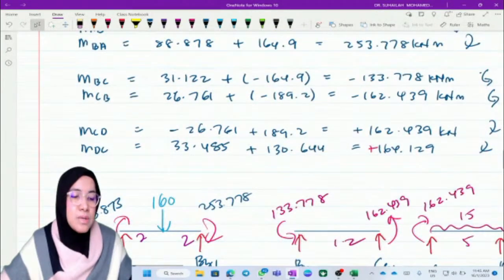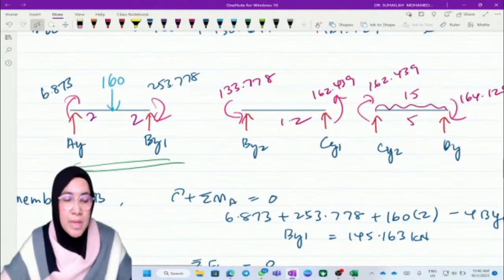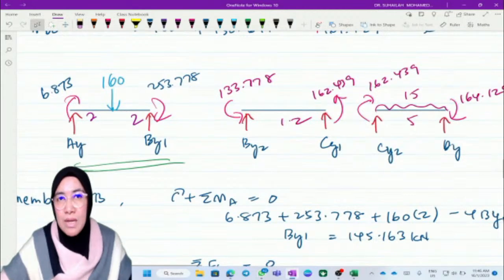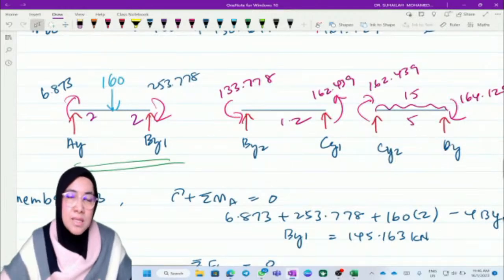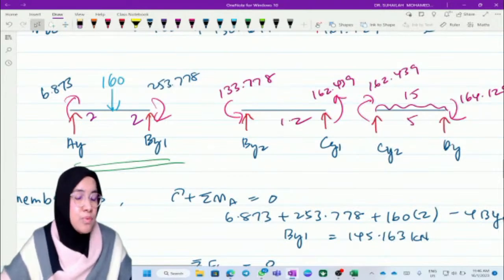After that, we have to complete this with the shear values. Not only moment, we get the moment values from the table, and we have to complete the shear values by doing static equilibrium analysis, just like we analyze a simply supported beam. We put all the information and label all the shears: AY, BY1, BY2.